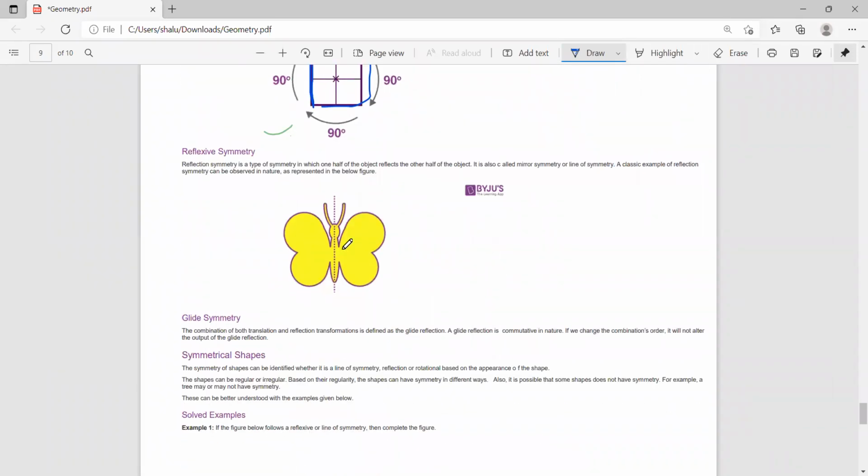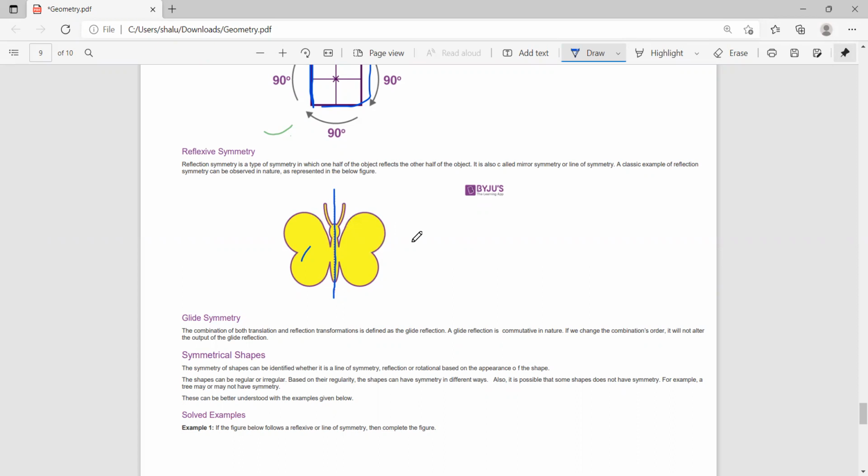For reflexive symmetry, one half reflects the other half. Reflecting means if we imagine a mirror here and we have this half at one side, then the mirror will show the other half.